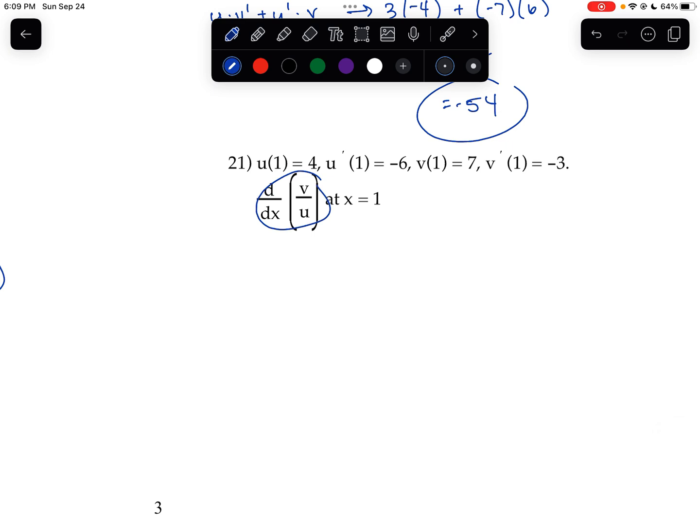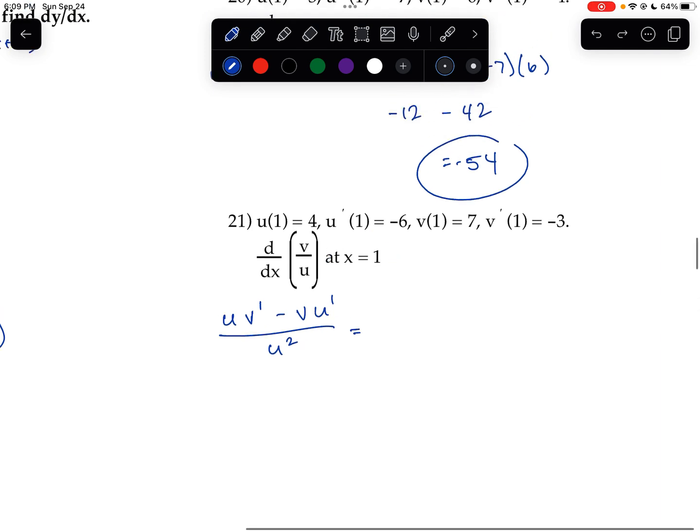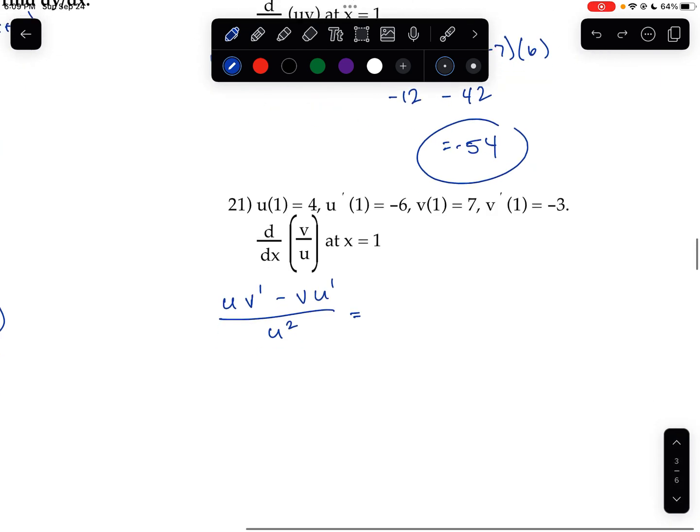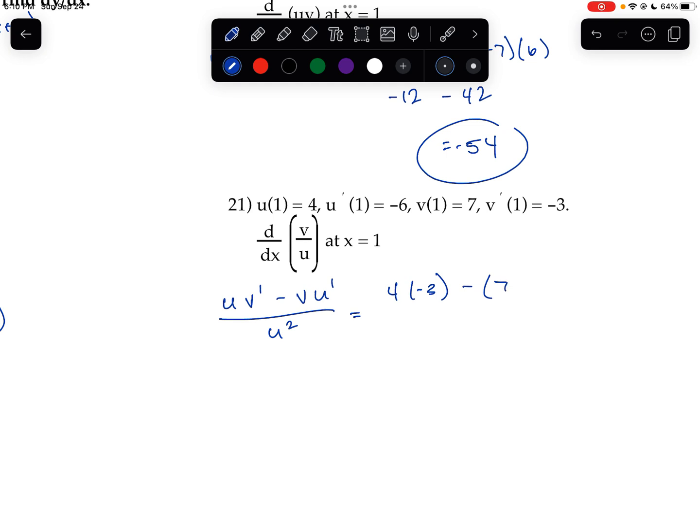Okay, so same thing here, except we're going to use the quotient rule. So we have low d high minus high d low over u squared, at x equals 1. So we have u at 1, which is 4, v prime at 1, which is negative 3, minus v at 1, which is 7, u prime at 1, which is negative 6, all over 4 squared.